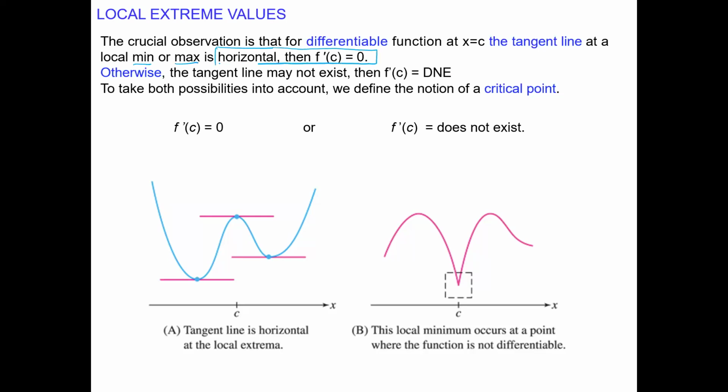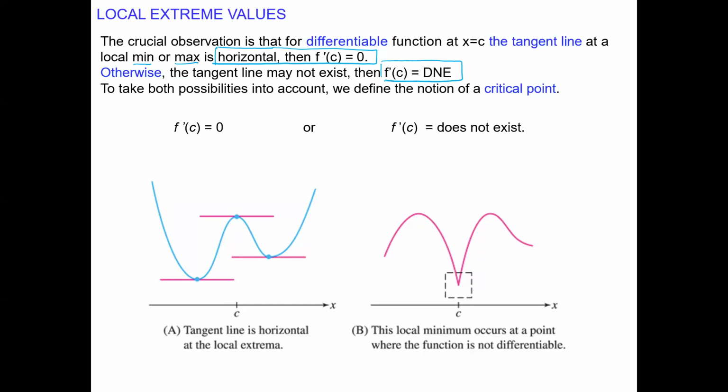Then the derivative at that point c is 0. Otherwise, when the function has a sharp corner, cusp, or kink, the tangent line does not exist, then the derivative is undefined. That's two important observations.